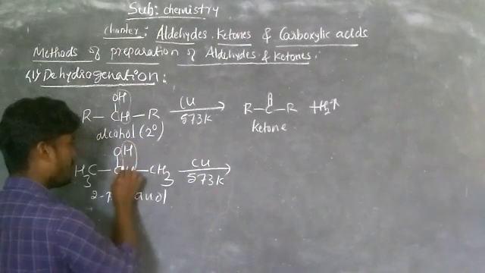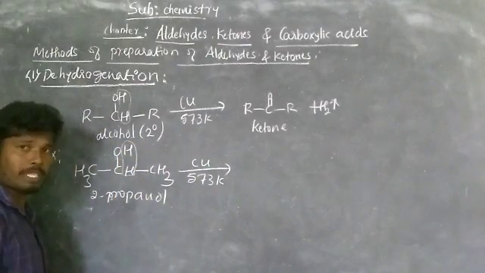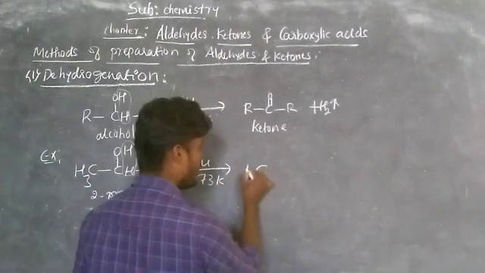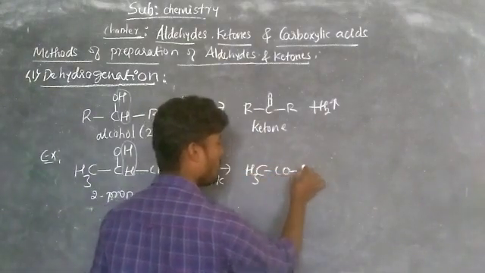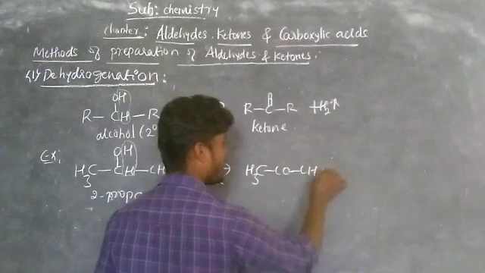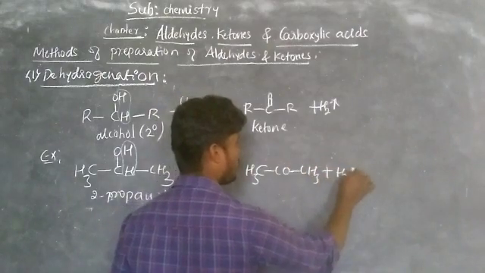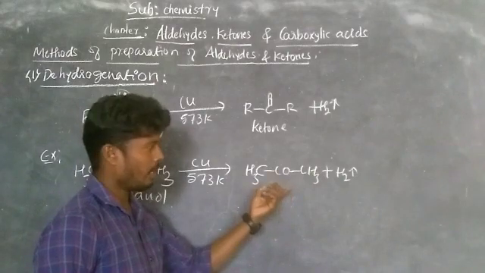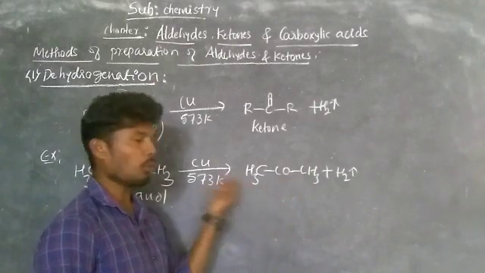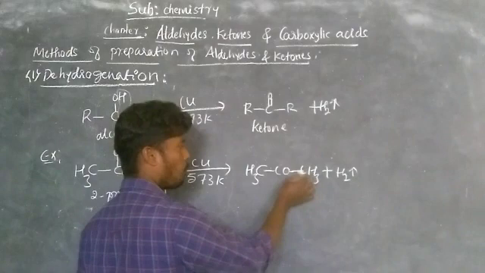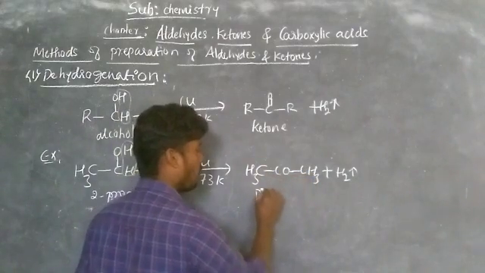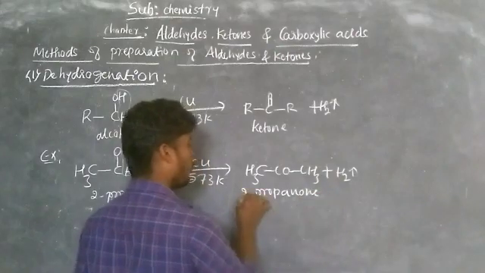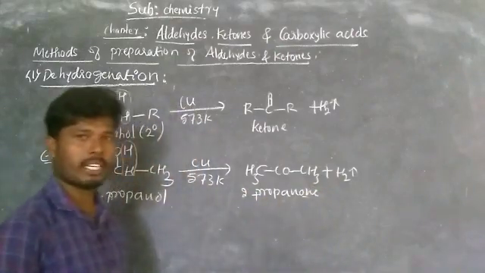Dehydrogenation takes place. H and H become H2 gas. The remaining is CH3 CO CH3. Right? CH3 CO CH3 plus hydrogen here. So what is its name? Acetone is the common name, and the IUPAC name is propanone. 1, 2, 3, that is propanone.